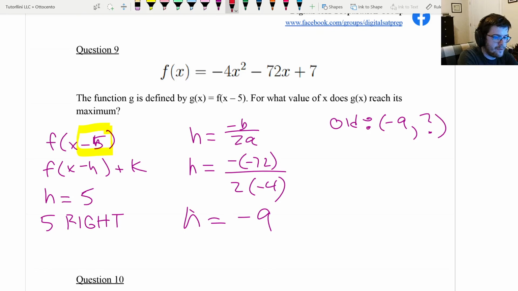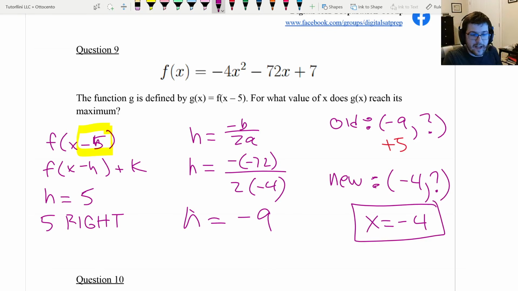And we're going to shift it 5 right, so we're going to add 5. And our new vertex is negative 4, question mark. So our answer is x equals negative 4.